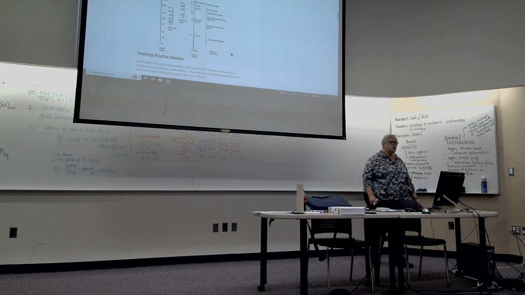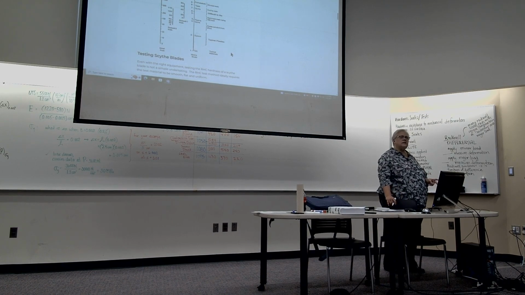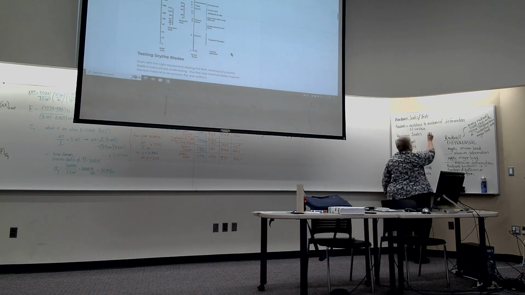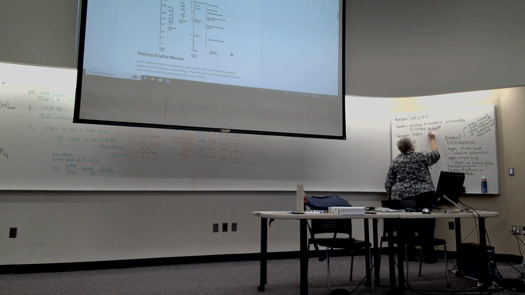So for most metals, the scale that you would use to measure the hardness is either Rockwell B or Rockwell C. High strength steels, Rockwell C; lower strength steels, Rockwell B. Rockwell B is a 1/16 inch diameter steel ball and 100 kilograms major load.